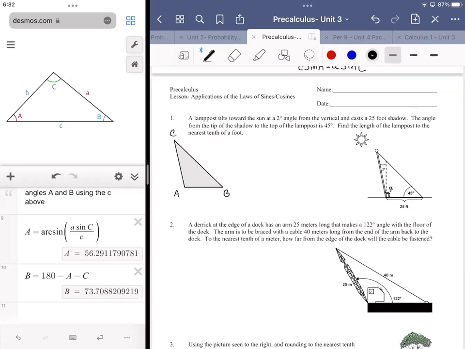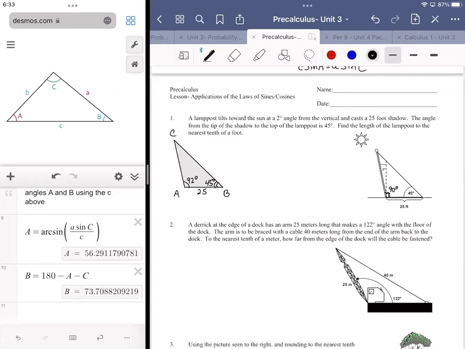So this is 90 degrees. 90 degrees combined with another 2 degrees gives me 92 degrees. This one they told us flat out is 45 degrees. And then they told us the length of the side contained between those two angles.